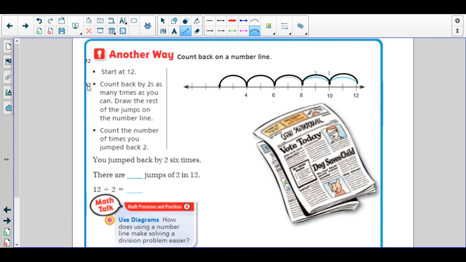Another jump right here will get us to 2. And then finally, our last jump from here to here is going to get us landed right on the 0.